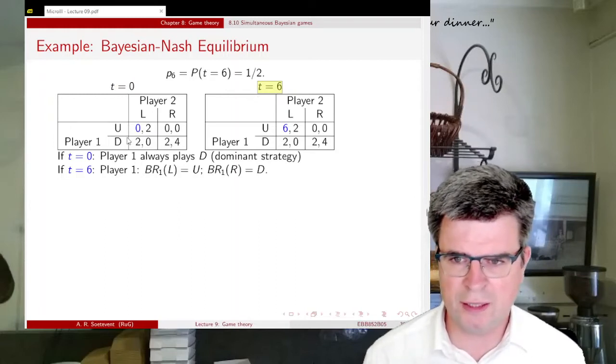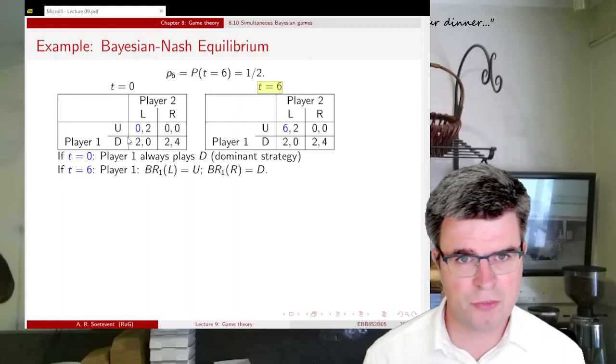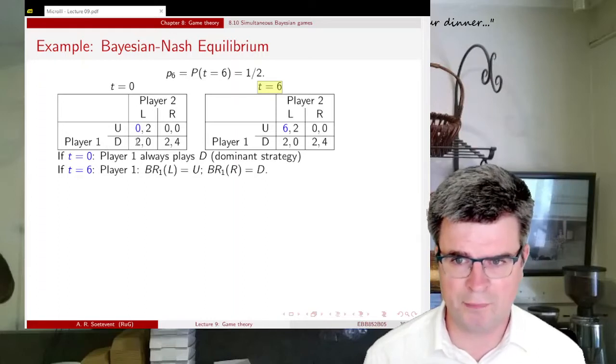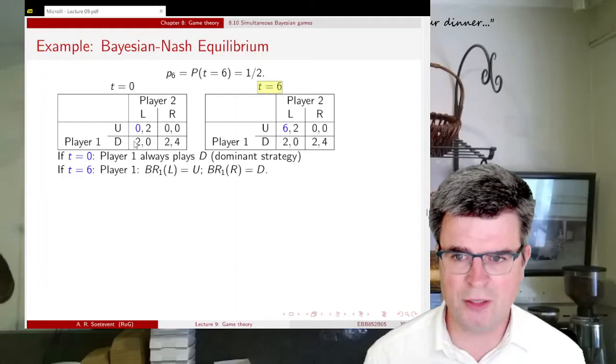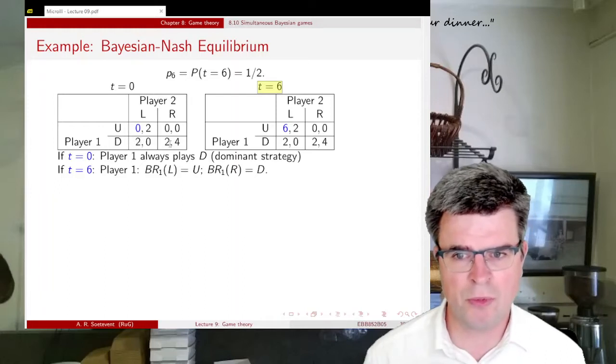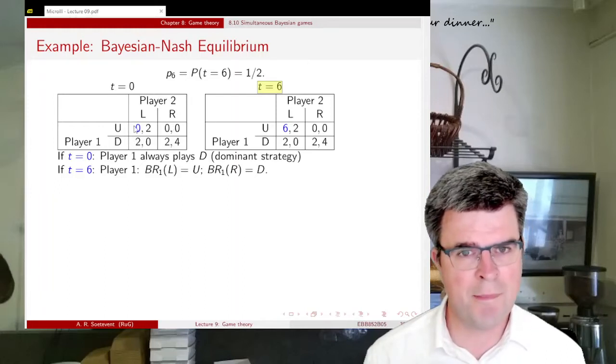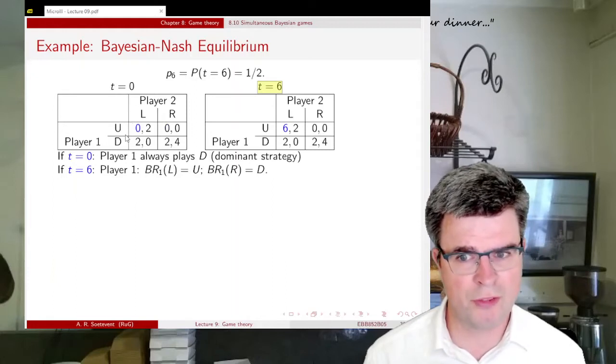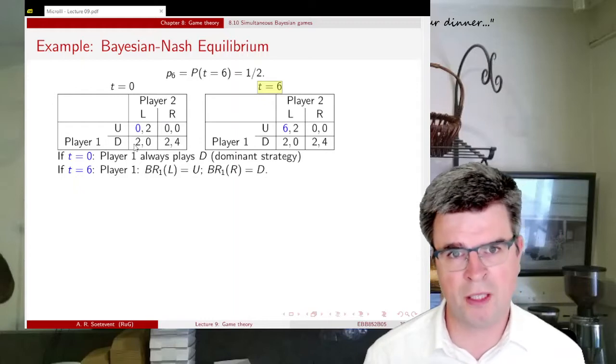And you can see that if player 1 is of type T is 0, then it's optimal for him to play D, down, always, because that's the dominant strategy in this case. 2 is more than 0, 2 is more than 0. So independent of what player 2 will decide, it's optimal for player 1 to play down if he's of type T is 0.